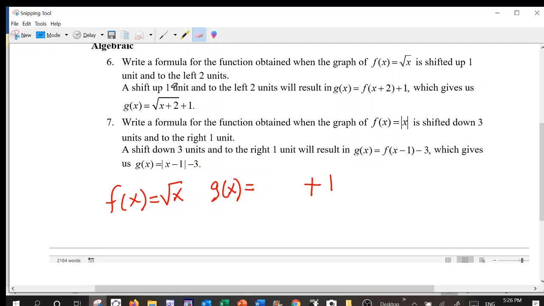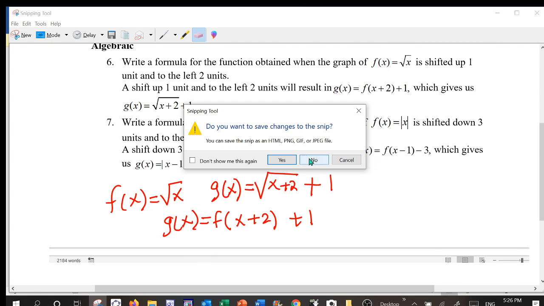And shifted to the left 2 units, that means I have to add 2 to the x coordinate. Right? So in terms of f of x, that's written like this: f of x plus 2, plus 1. That's what this new function is. So you get the old function, input x plus 2 for x, and then add 1, right? Okay, so that's the answer to number 6.